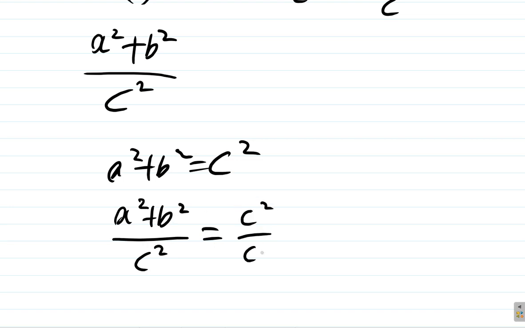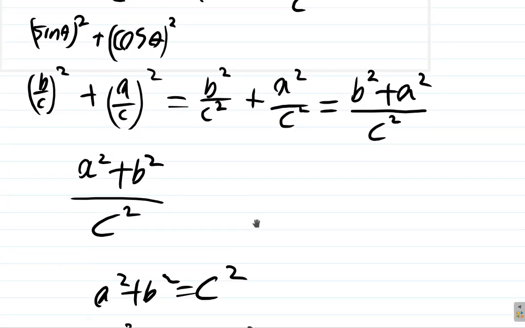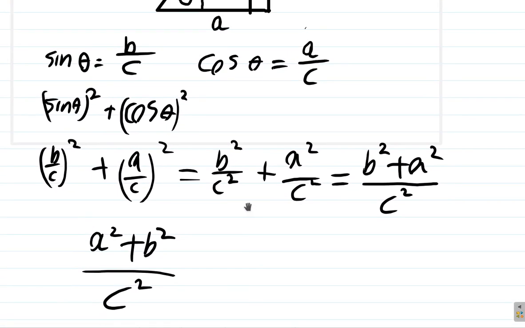C squared over c squared. That would give you what? 1. So therefore, what I have here is that this is equal to 1.